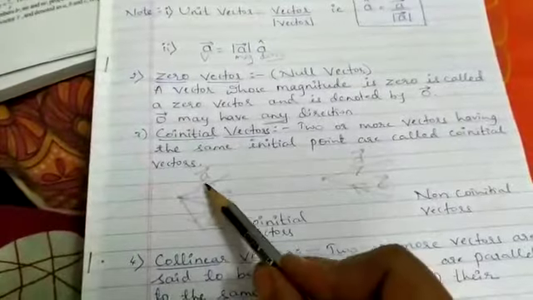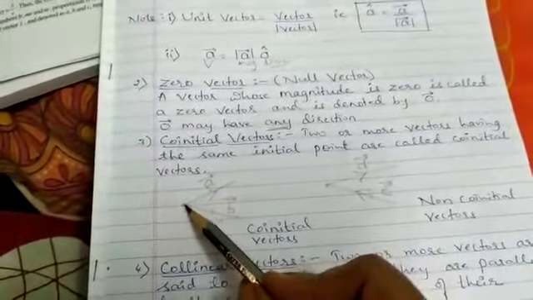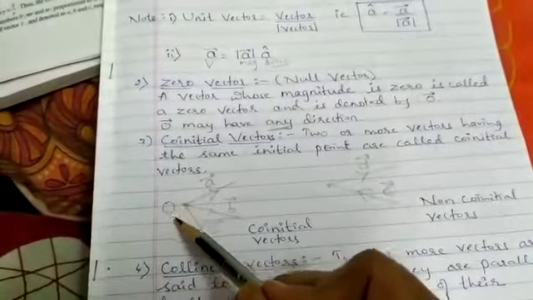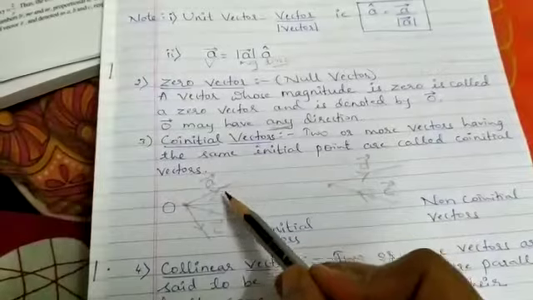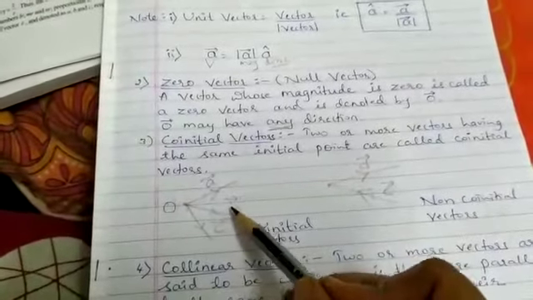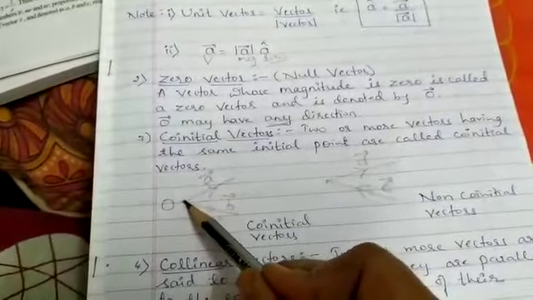Here we have vector A and vector B making a direction, provided the direction is given here. This point, I'll call it O, should act as the initial point for vector A. For vector B, again O should act as the initial point.